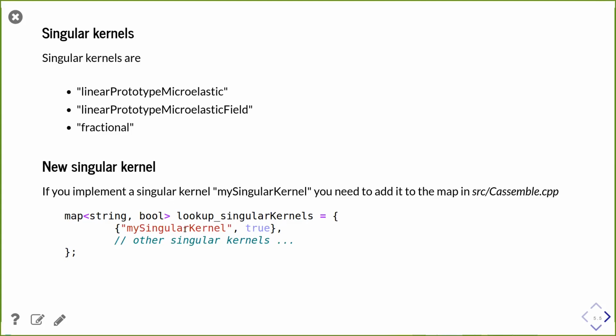You just add your kernel to the map, and then it has the behavior that in the first layer of the breadth-first traversal, it can use special quadrature if you set it accordingly. Then of course, if you set that, you have to rebuild everything, as said before.